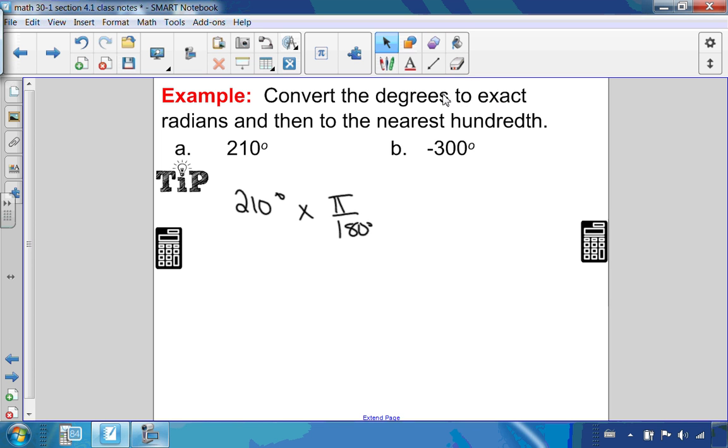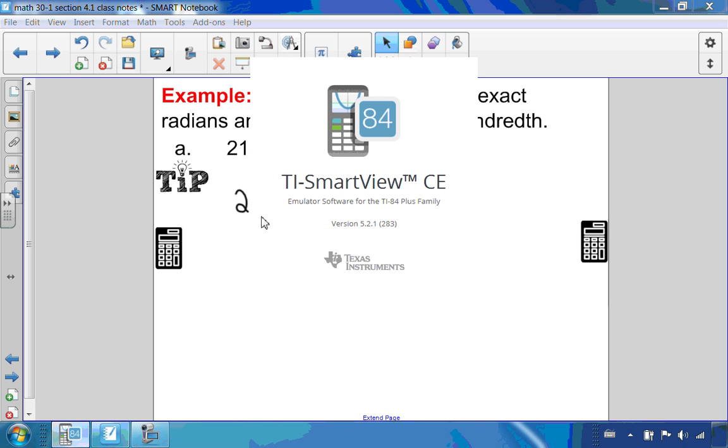But if I want exact radians, pi is an irrational number and it's not going to give me a nice fraction. Exact radians means I want it as a fraction. Let me show you what I mean. If in my calculator I do 210 degrees multiplied by pi over 180, I want to show you what I'm going to end up getting.